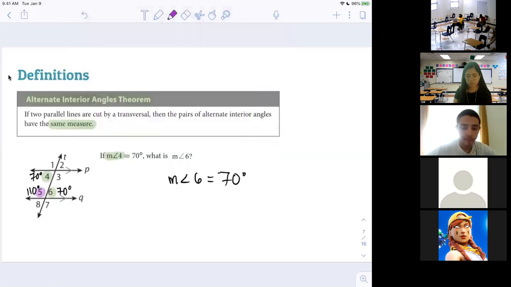Angle 3 was 110. Yeah, it would also be 110 because those are also alternate interior angles. So boom, just by knowing the measurement of angle 4, I can figure out all 4 of those interior angles. Questions on that?